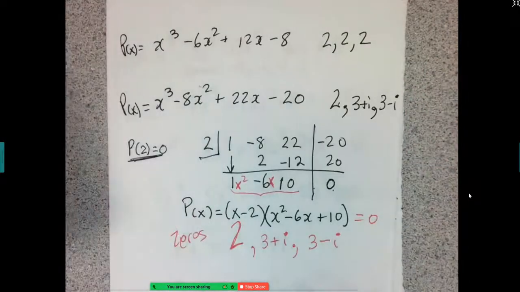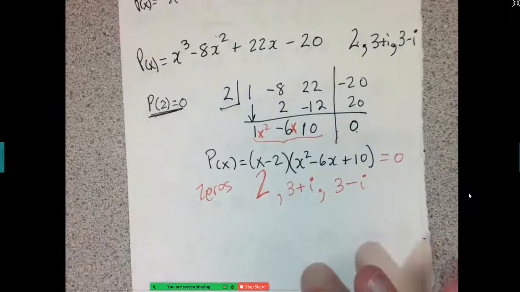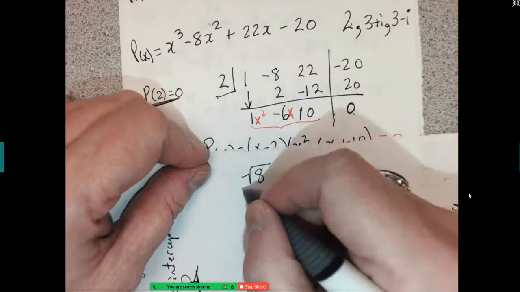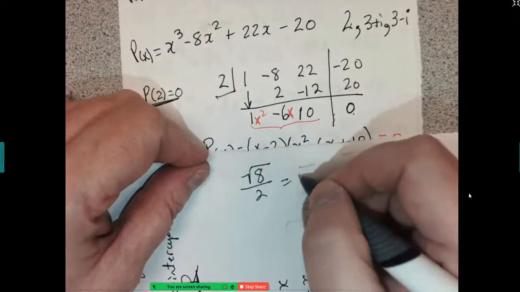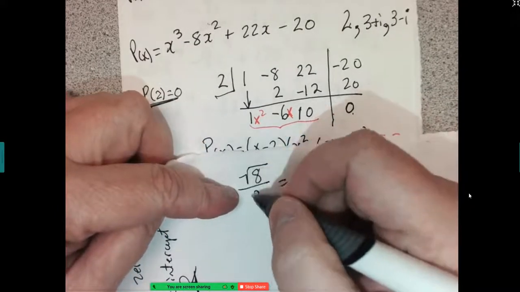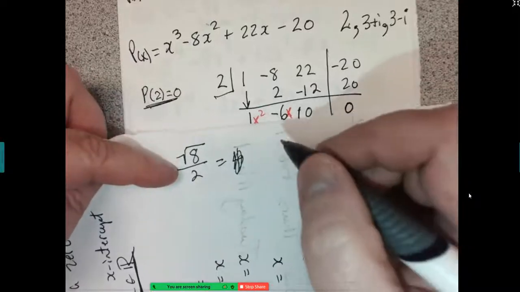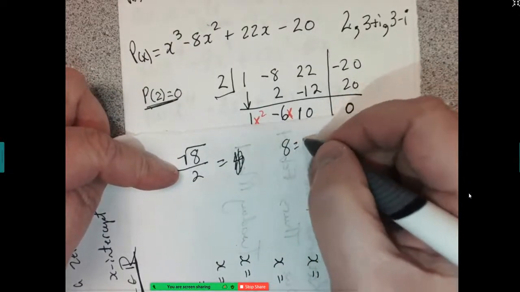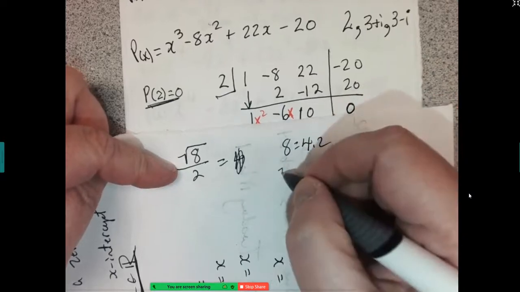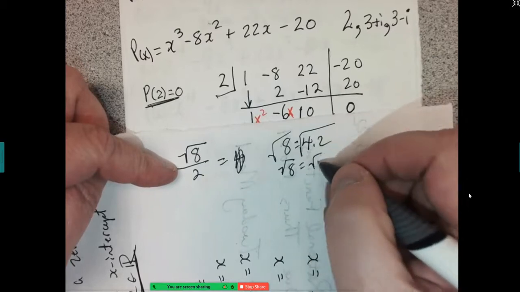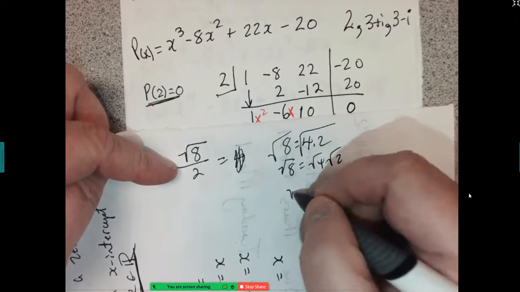Okay, so what I've seen before, I'll see something like this, and a student thinks that that cancels to 4. It does not. You can't do any cancellation inside here. 8 is not a perfect square, but it is the product of a perfect square, so I can write it like that.